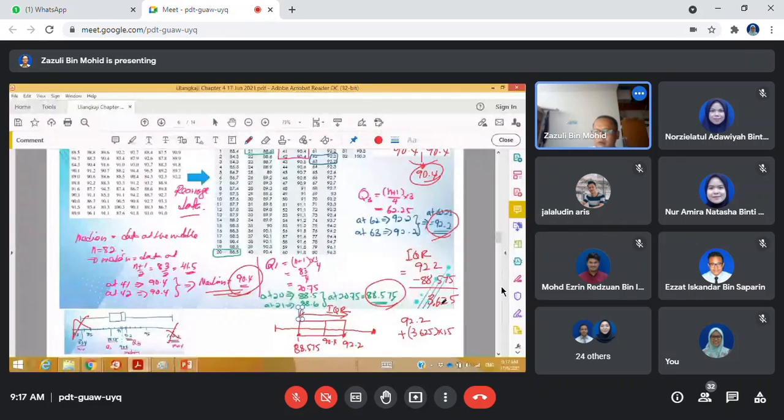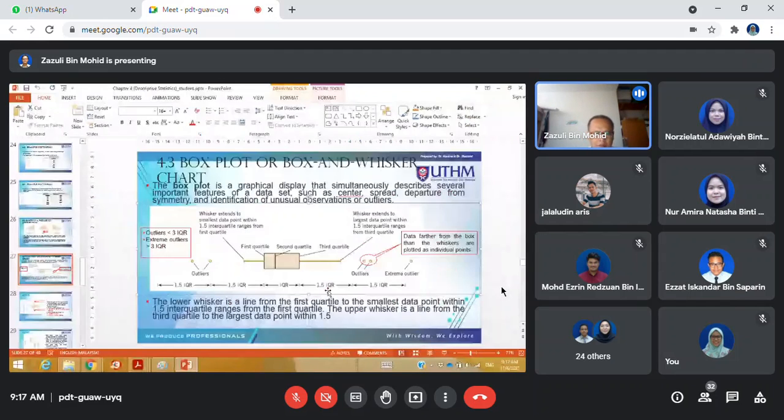So you can refer to this value here. The lower whisker is a line from the first quartile to the smallest data point within 1.5 interquartile range.